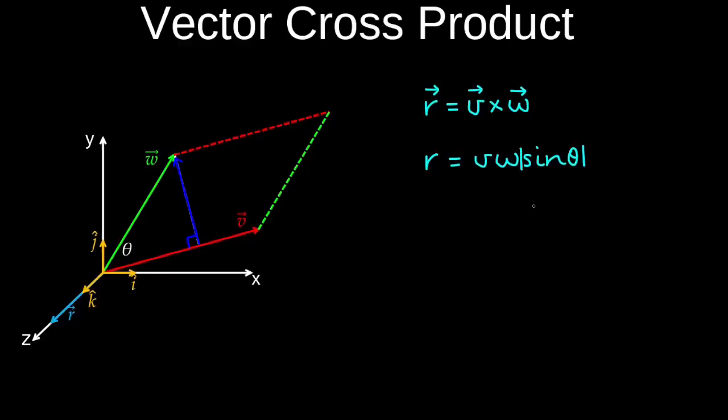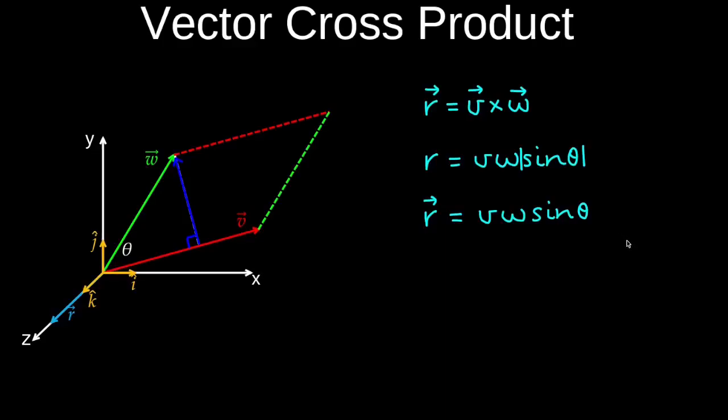So you can see that geometrically, the cross product gives the area of the parallelogram between those vectors. So basically the base by the height of the parallelogram. And the direction of this vector is equal to the product of the magnitude, but this time we remove the absolute value sign because the direction of the resulting vector is determined by sine theta.